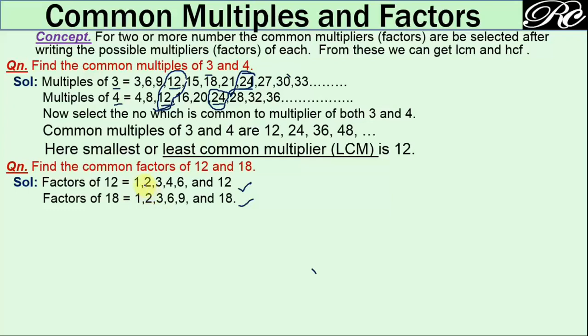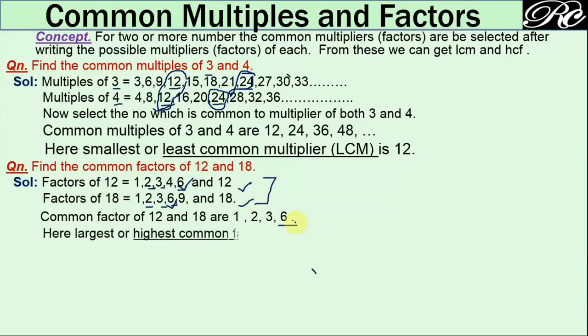Here we see that the common factors are 2, then 3, then 6. Here 6 is the highest number which is common to both. Therefore, the highest common factor, HCF, is defined for common factors. This way HCF can be calculated by writing their common factors.